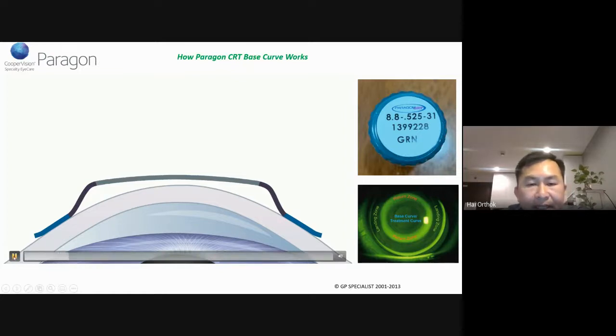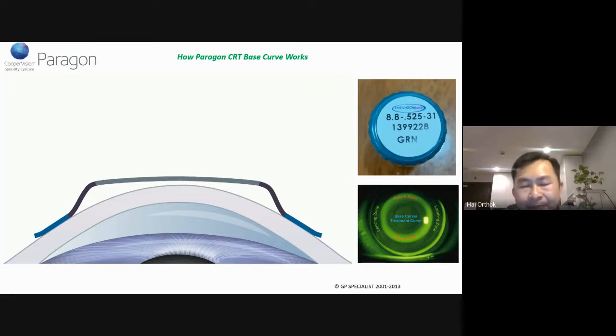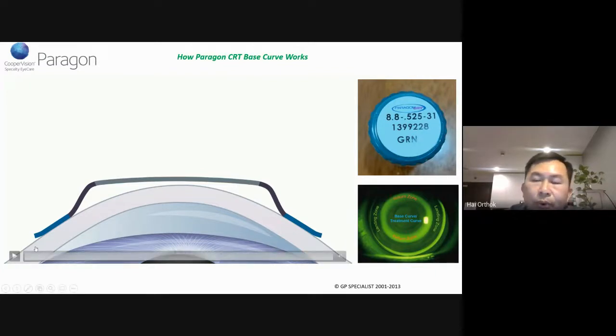You see the base curve becomes flatter when we increase 0.1 diopter for each step. And every 0.1 diopter, you see the lens becomes flatter on the central cornea. And every 0.1 millimeter is equivalent to a half diopter increase.